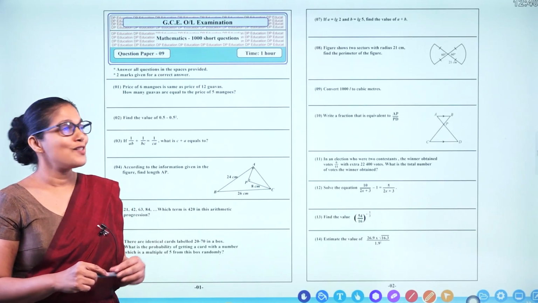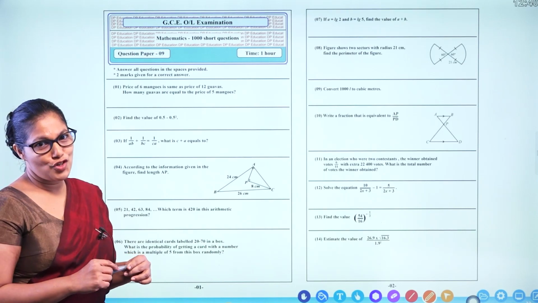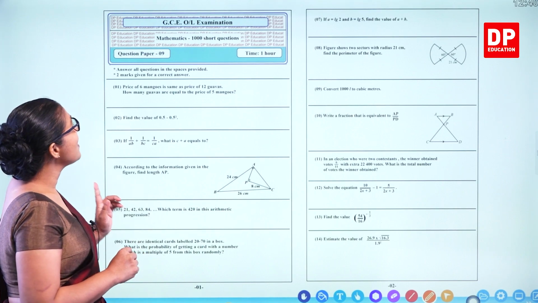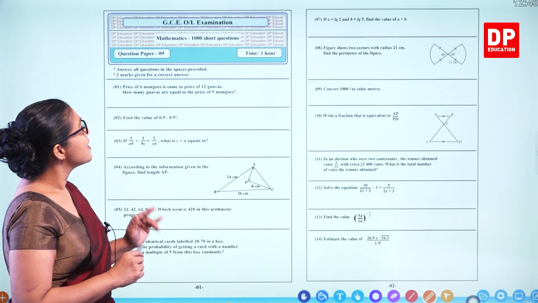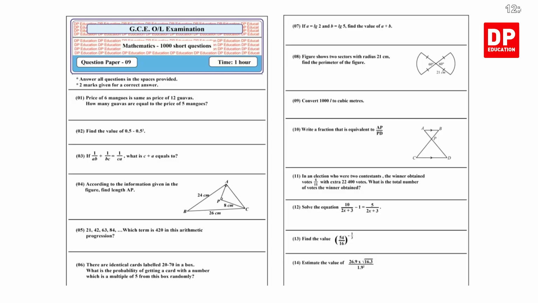Hello students, today I am here to do another revision paper with you. This is question paper 9 under the 1000 short question series, so this is the 9th paper. We covered 1 to 8 now. This is also a 1 hour paper and you get 25 short questions.